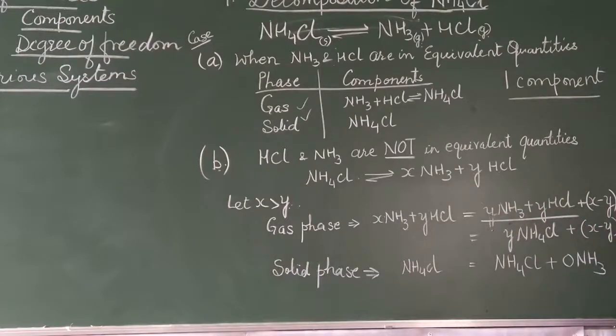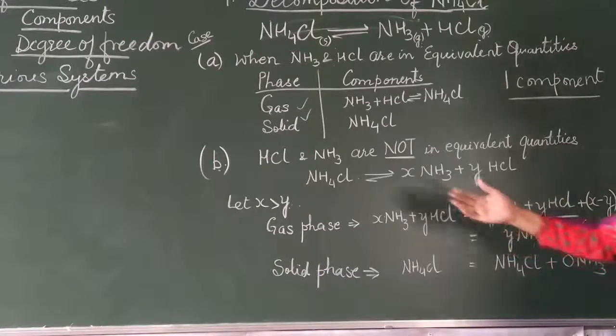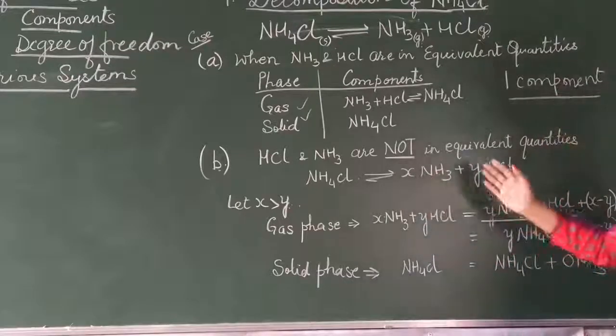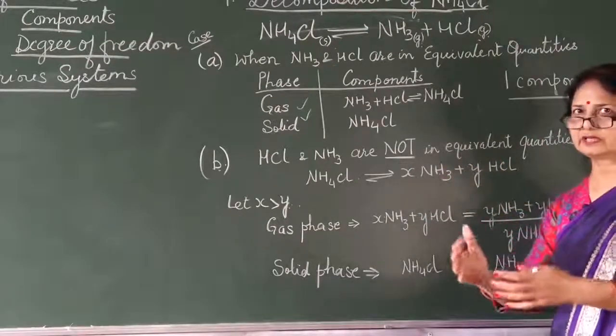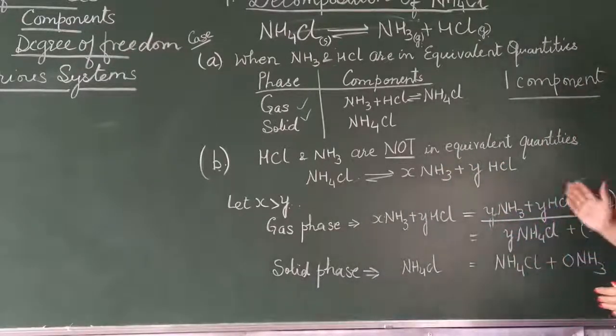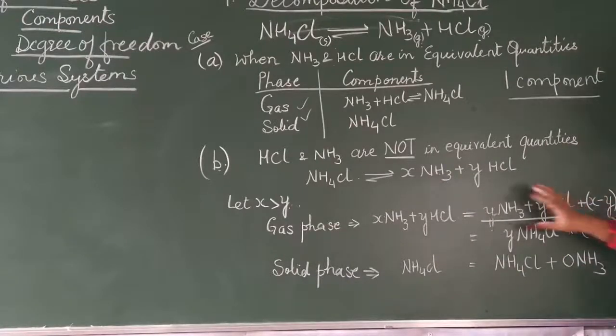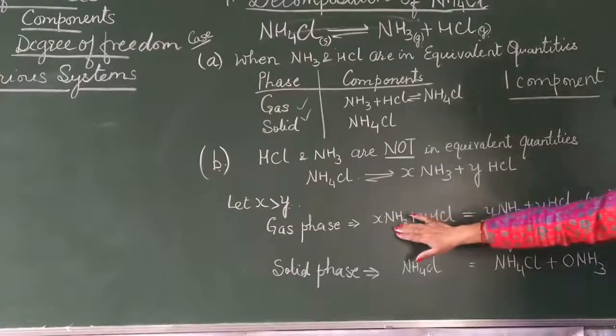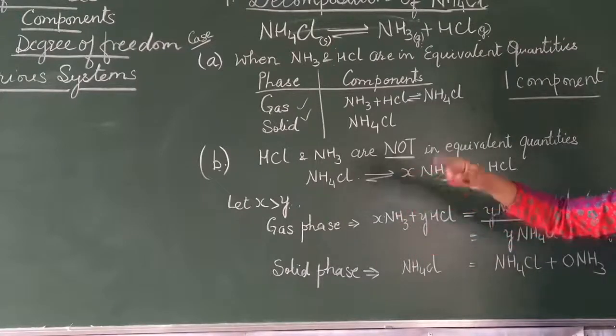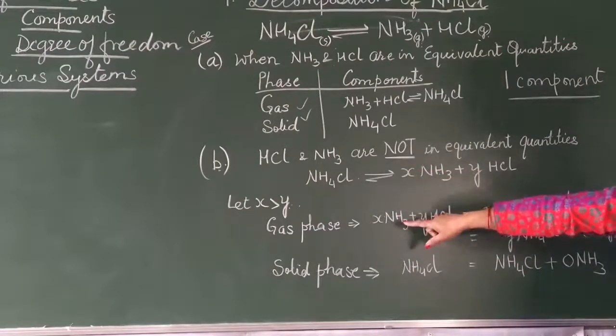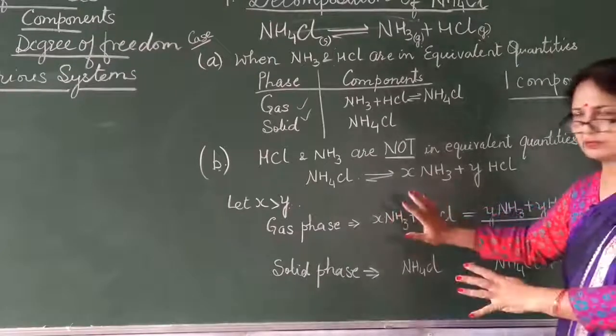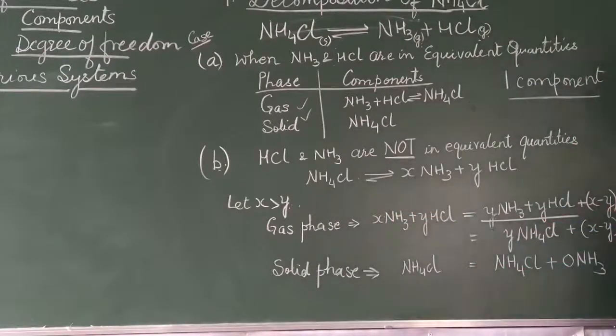Suppose X is 10 and Y is 5, then if we take 5, the remaining will be 5. Since X is greater than Y, X minus Y will be left over.